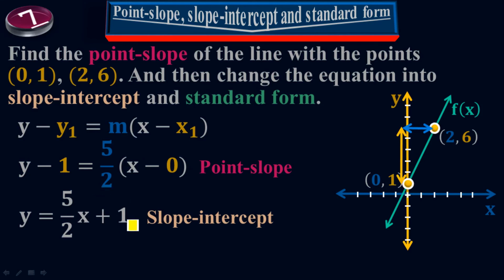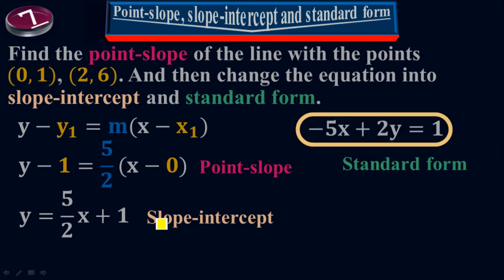In slope-intercept form, the y-intercept is indicated by b. In standard form, the y-intercept is indicated by c. c in the standard form is the same thing as b in the slope-intercept form. They both give the value where the line crosses the y-axis.